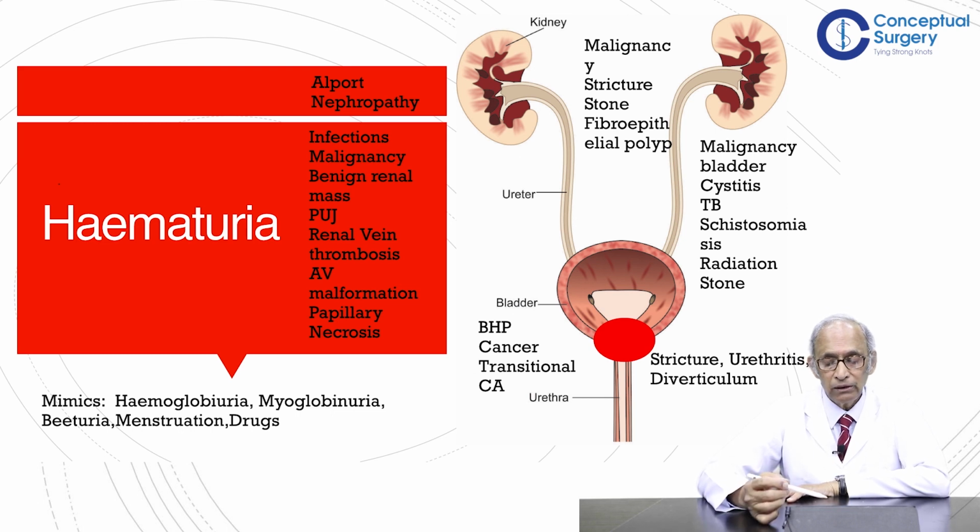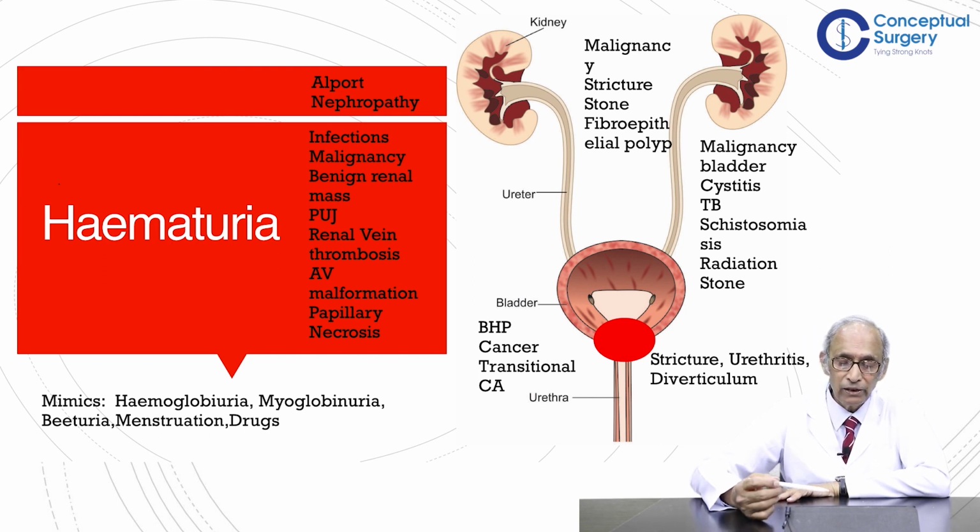For example, Alport nephropathy is a congenital condition and has a genetic origin, and that can produce hematuria. And there are easier ways of remembering the different causes. You could possibly classify them into congenital, inflammatory, neoplastic, and miscellaneous.